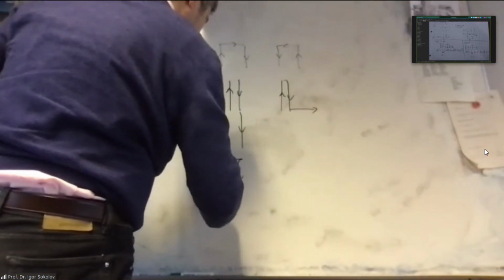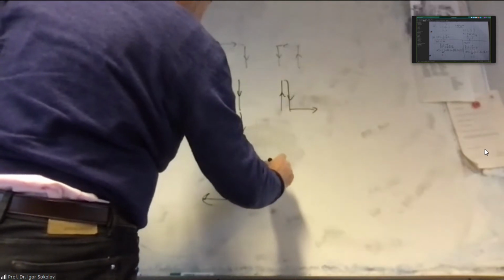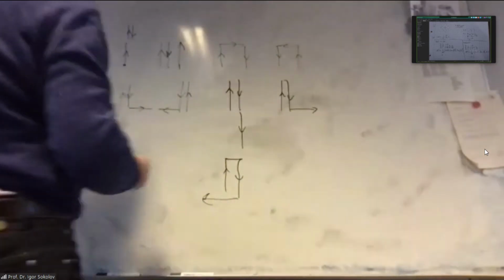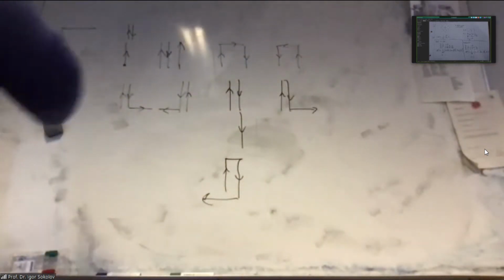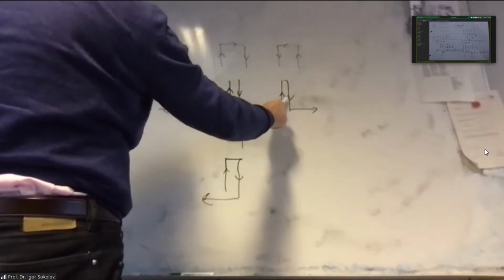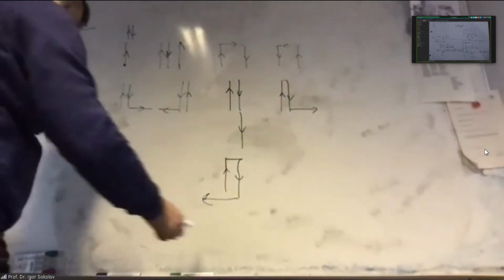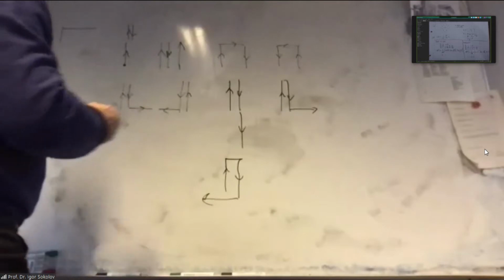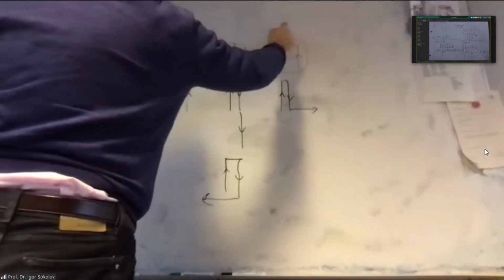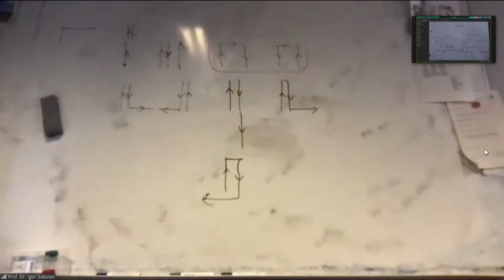I'll draw it like this. Left, and up, down, up. I already have. So there are 3 more. 1, 2, 3, 4, 5, 6, 7, 8, 9. From which only 2 survive, namely these ones.